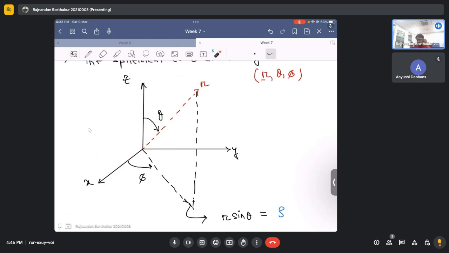All right. I would end this by asking one final question: if axis symmetry in cylindrical coordinates means that your variables are independent of theta and its gradient, then what does axis symmetry mean in the spherical coordinate system?